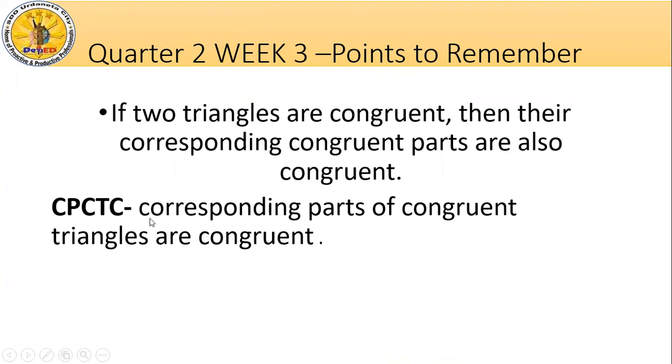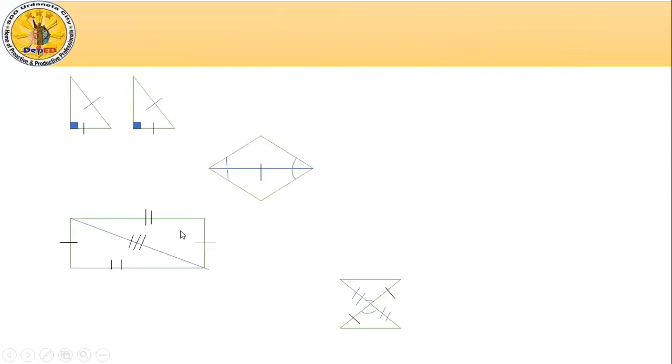So instead of writing the whole phrase, we are going to make use of the CPCTC. Before we prove using CPCTC, we must first show that the two triangles are congruent.